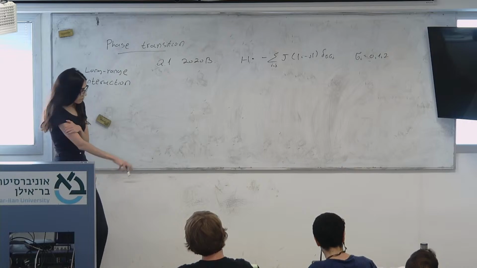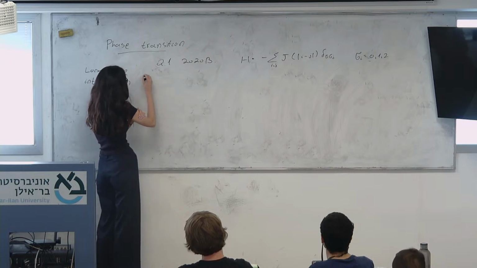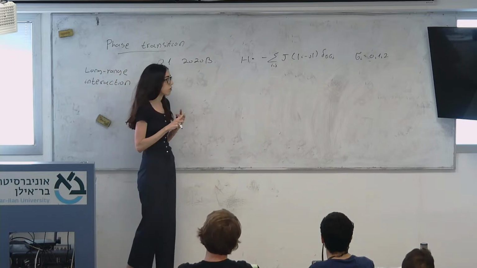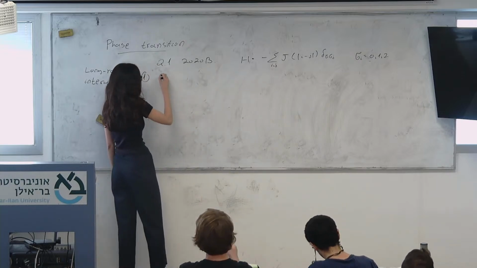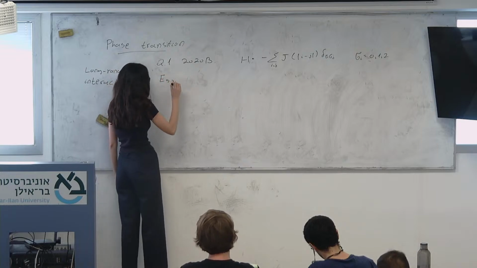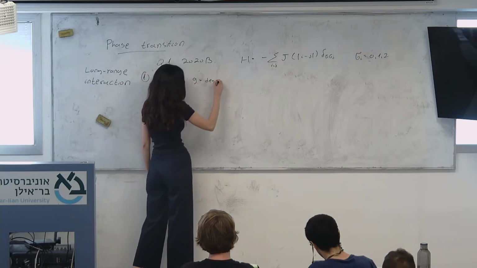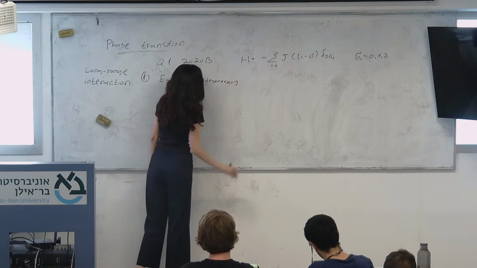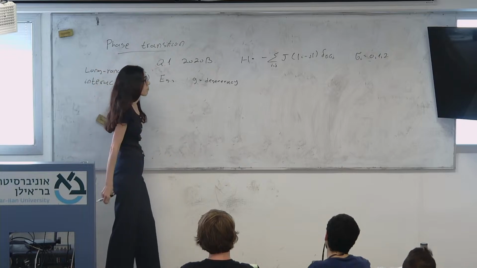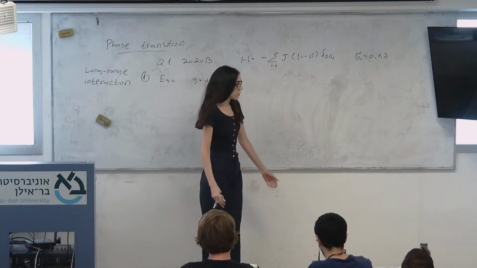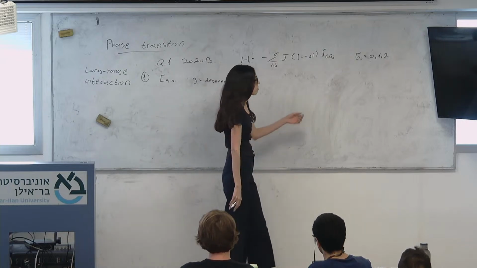So the first part, they ask what's the ground state energy of the system and what is the degeneracy. So we want to find E ground state, and G, which is the degeneracy. We know that the ground state of the system is going to be where all of the spins head in the same direction, right?